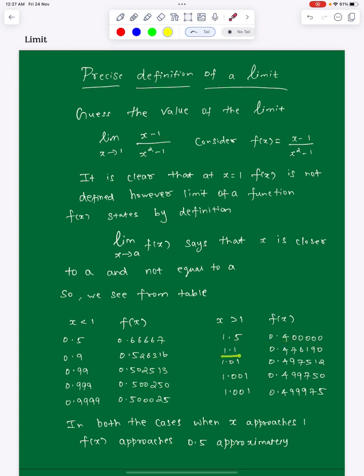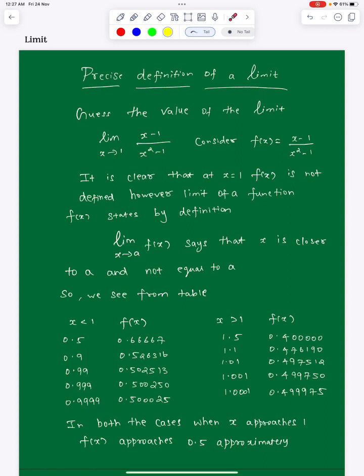When you get closer to 1, like 1.1, the value of f of x becomes greater, and at 1.01 it is 0.49, at 1.001 it is 0.499, and at 1.0001 it will be 0.49975. So you can see these two values are very close.